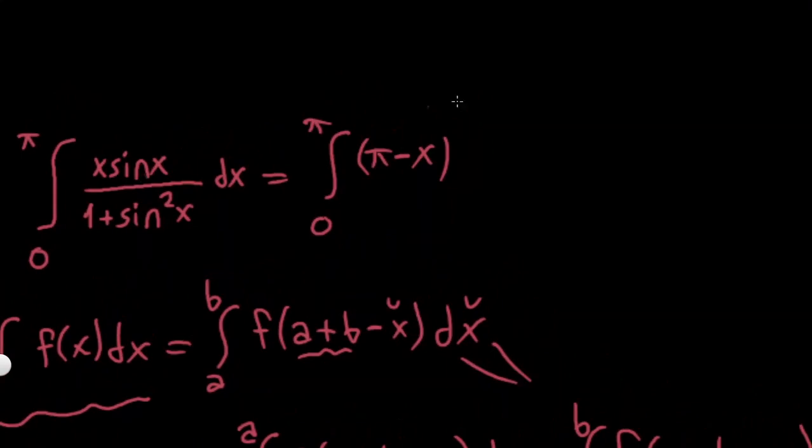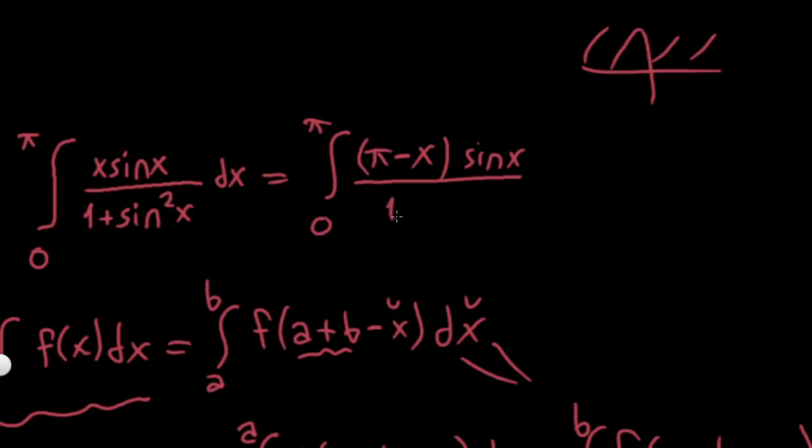So I have sine of pi minus x. My x's are between 0 and pi, and I know that the sine function is positive on this interval, so this is sine of x over 1 plus sine squared x.